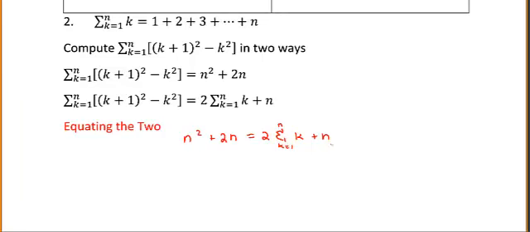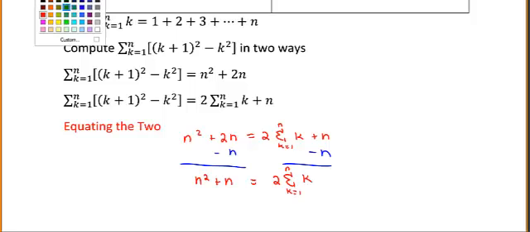So I'll subtract n from both sides, and that will lead me to n squared plus n is equal to 2 times the sum as k goes from 1 to n of k. And then I can divide both sides by 2.